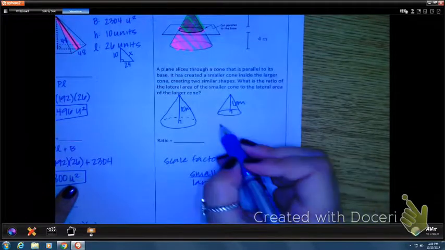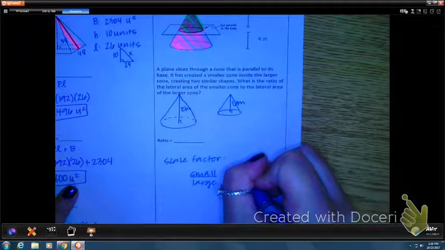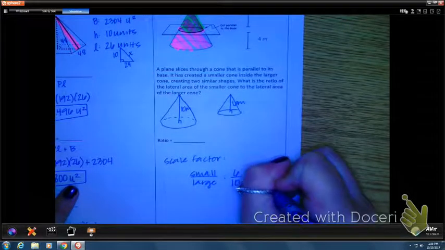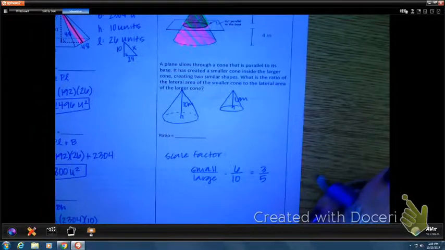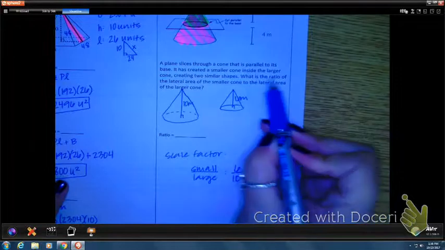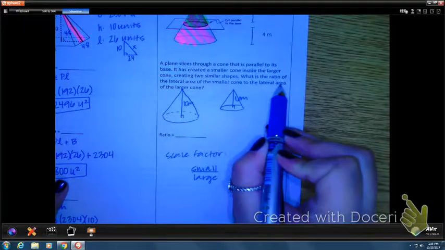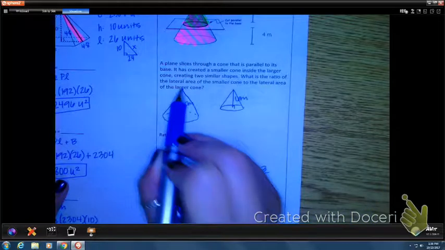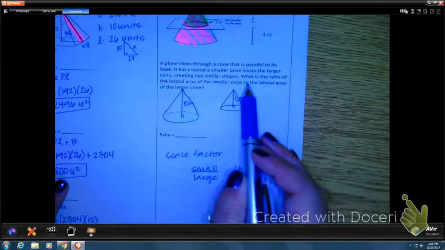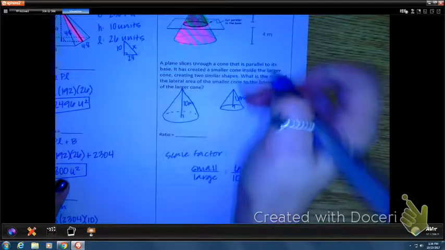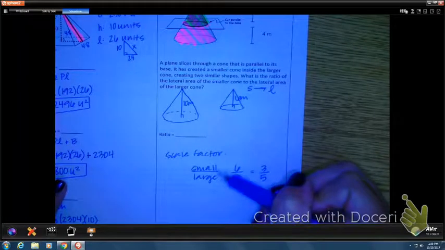So far I know that my ratio is 6 to 10, which simplifies to 3/5. It wants to know the ratio of the lateral area of the smaller cone to the lateral area of the larger cone, so it actually does want the ratio from small to large. Make sure that you put it in the proper order.